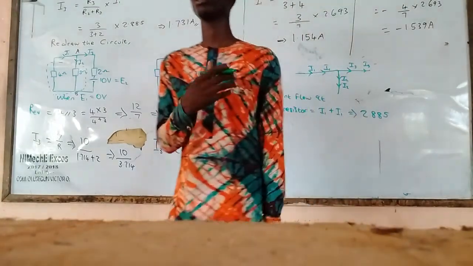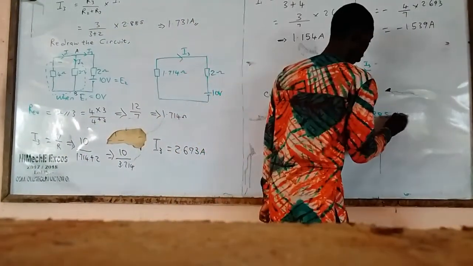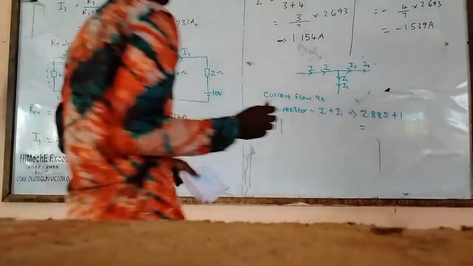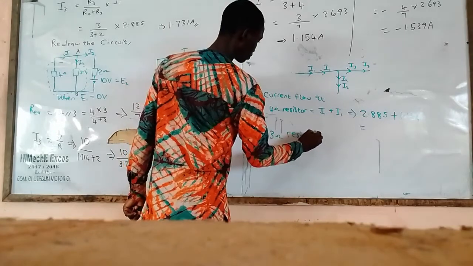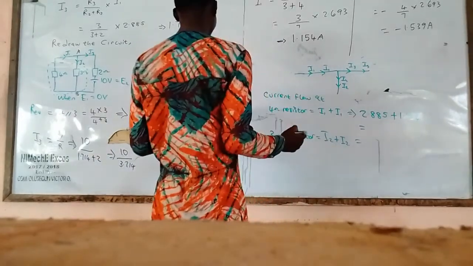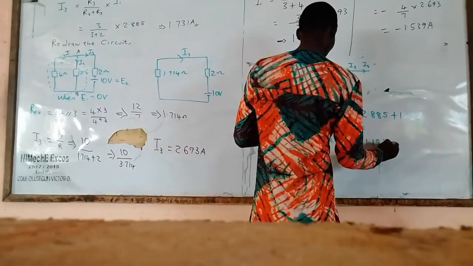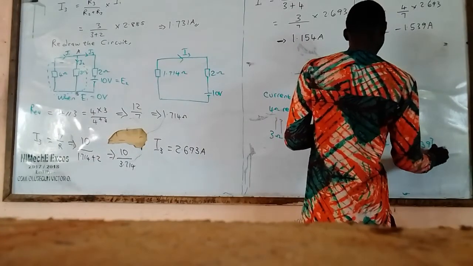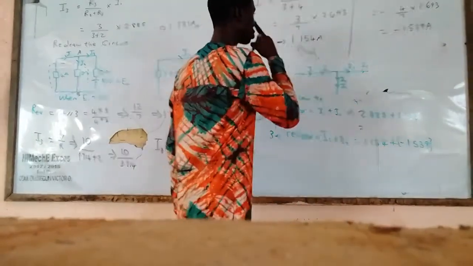And the second one is 1.154. These are added. At the 3 ohm resistor, the current flow is I2 plus I2, where the first I2 is 1.154 plus minus 1.539.